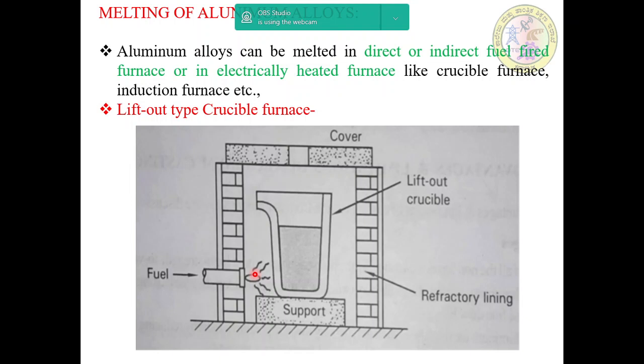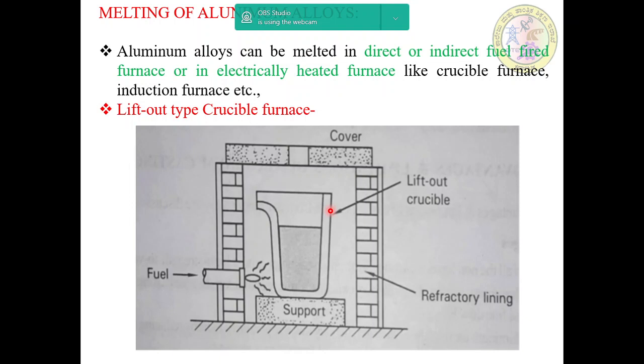After the melt has reached the desired state, the crucible is lifted out of the furnace with tongs, and the molten metal is directly poured into the mold cavity.